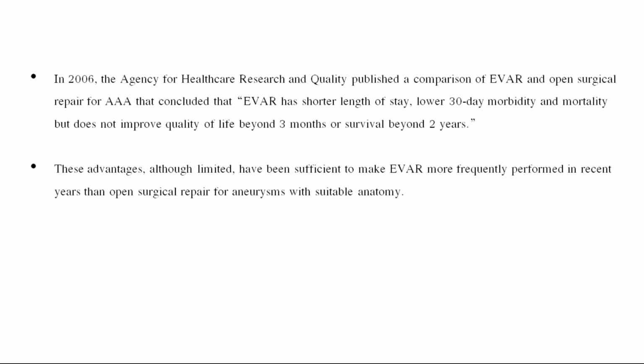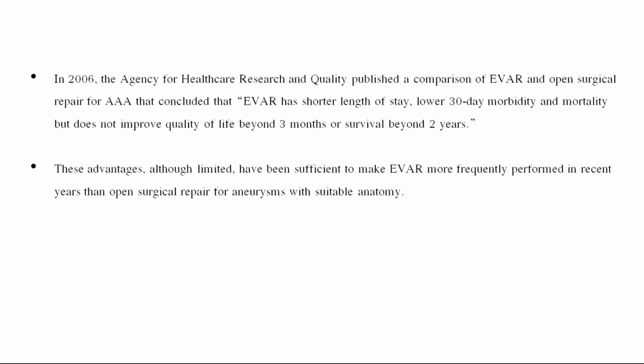So have a look at endovascular repair. In 2006, the Agency for Healthcare Research and Quality published a comparison between endovascular aneurysmal repair and open surgical repair of the abdominal aortic aneurysm, that concluded that the endovascular procedure has shorter length of stay, lower 30-day morbidity and mortality, but does not improve the quality of life beyond 3 months or survival beyond 2 years.